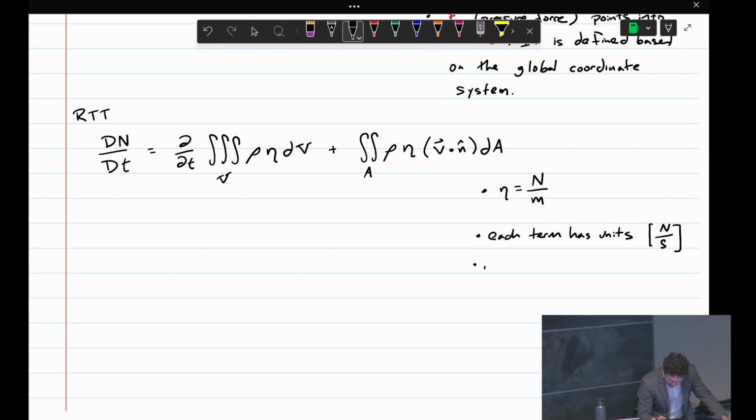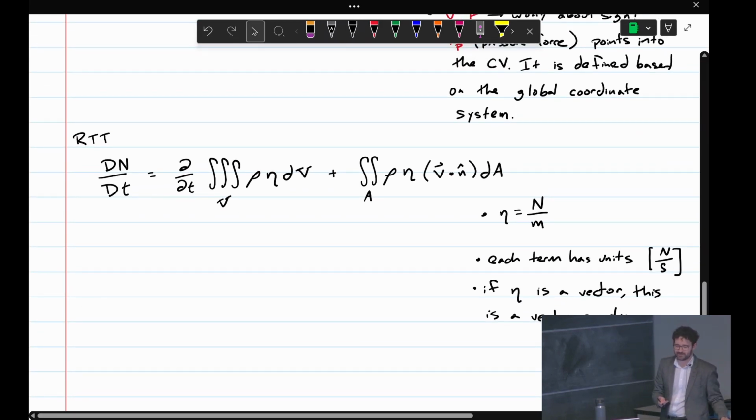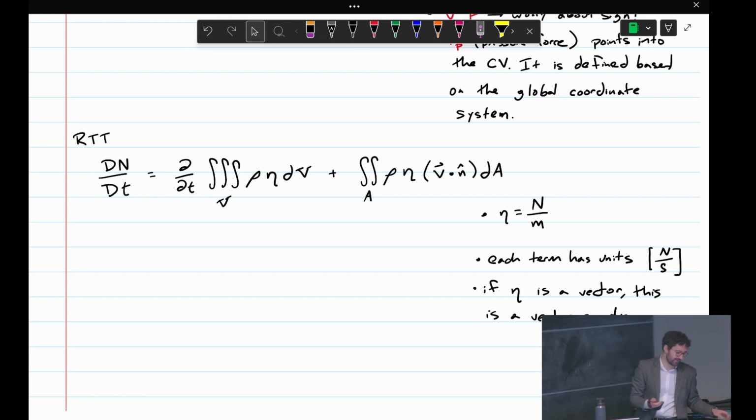Last point is if eta is a vector, this is a vector equation. So for example, that's how we derive conservation of momentum from this equation. So we put eta equal to the momentum per unit mass, which is just v. So any questions about Reynolds transport theorem?